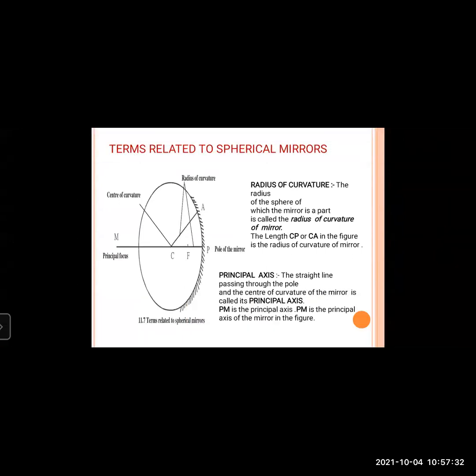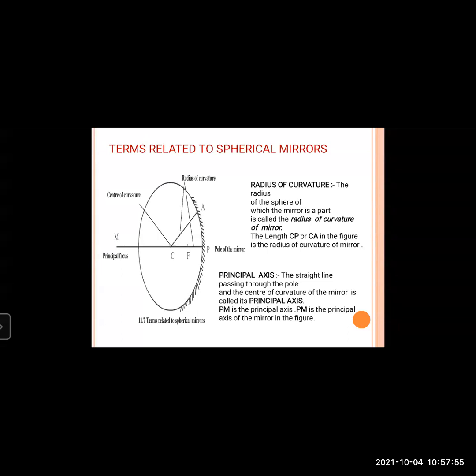The radius of the sphere of which the mirror is a part is called the radius of curvature of the mirror. Just relate this diagram with your circle diagram. Wherever you write the center of the circle, you can take that point C and denote it as the center of curvature in the case of spherical mirrors.